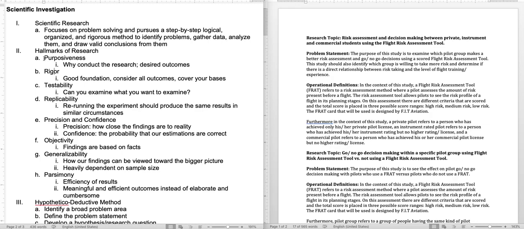Is there precision and confidence associated with it? Are your results kind of close to reality, or are they completely off? If you're trying to test, for example, back to the fatigue versus performance, and you find for some reason your results show that the more tired a pilot is, if they've barely slept, they perform superbly, does that really make sense?